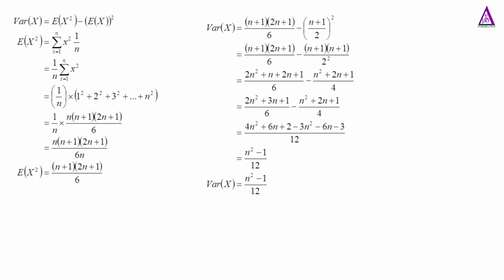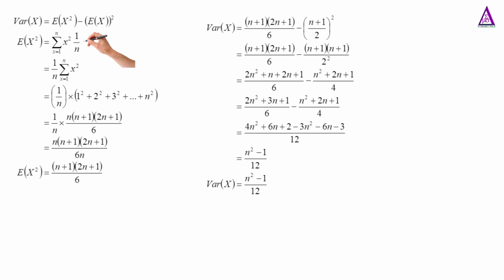Variance of discrete uniform distribution. We have variance of x equal to the expected value of x squared minus (the expected value of x) all raised to power 2. So consider the expected value of x raised to power 2.